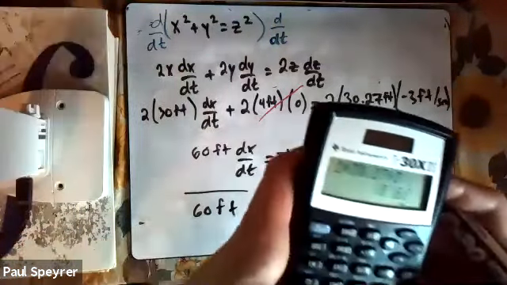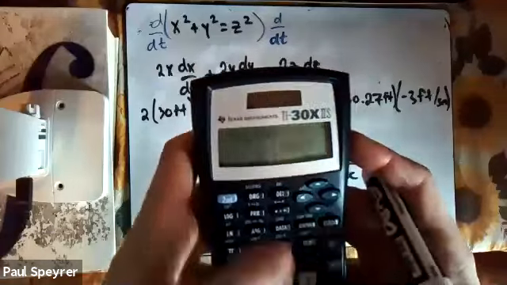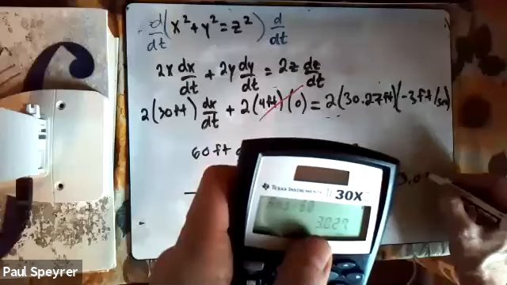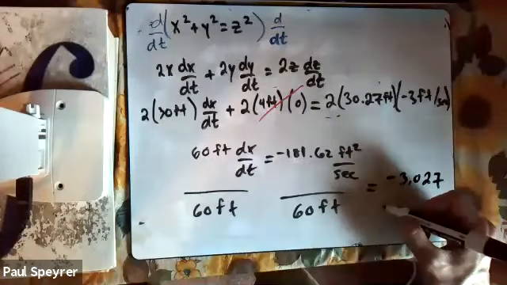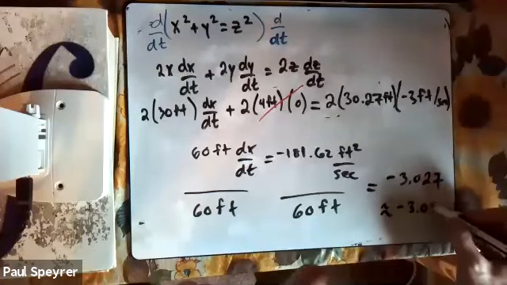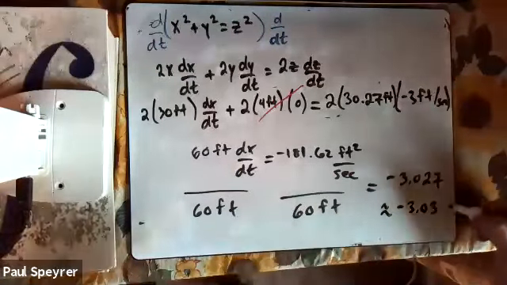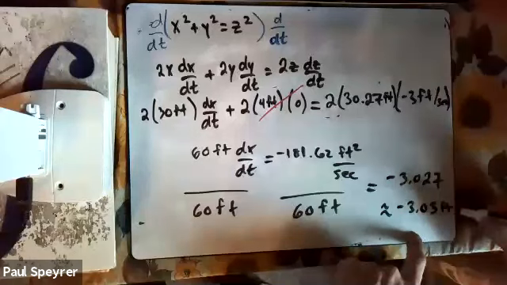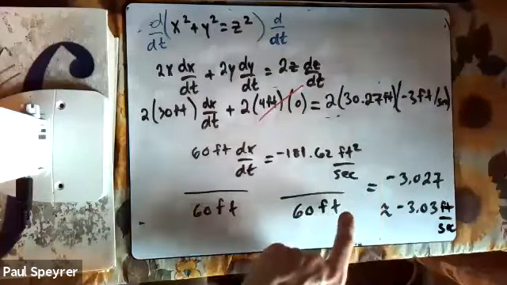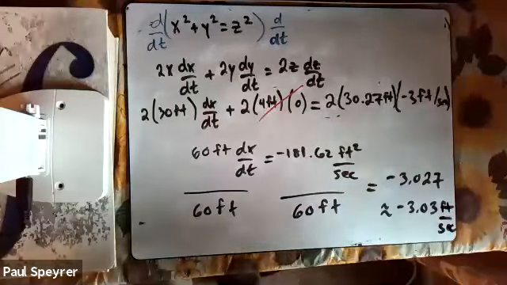And then you wind up with negative 3.027. And again, if they say rounded to 2 decimal places, we would say negative 3.03. And that would be feet per second. Why? Because if you have feet squared up top and feet on the bottom, one of them gets knocked out.